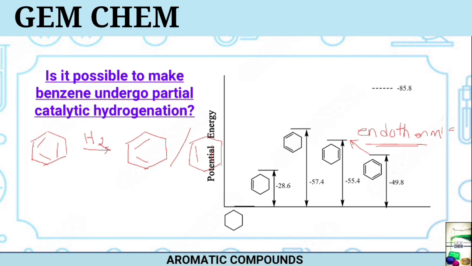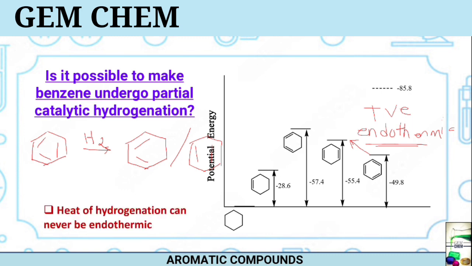And we know that for heat of hydrogenation, this can never be endothermic because the endothermic value is positive, which is never possible. As a result, we can conclude that since heat of hydrogenation can never be endothermic, the partial catalytic hydrogenation is not possible. So this is the reaction which is not occurring in the actual situation.